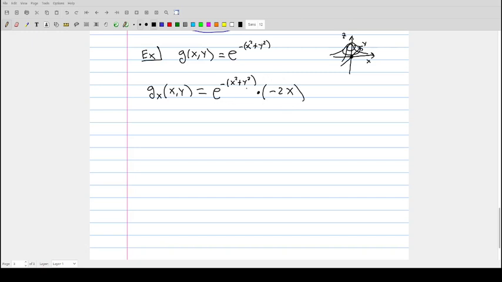This is just applying the chain rule from single variable calculus: the derivative of a function composition is the derivative of the outer function, which is this, times the derivative of the inner function, which is negative 2x. So our result is that gx, the x partial derivative of the function g, is negative 2x times e to the negative x squared plus y squared.